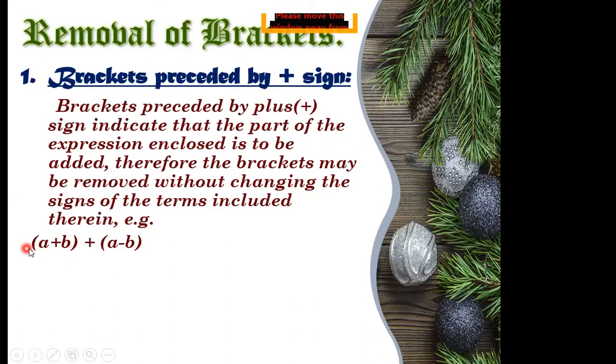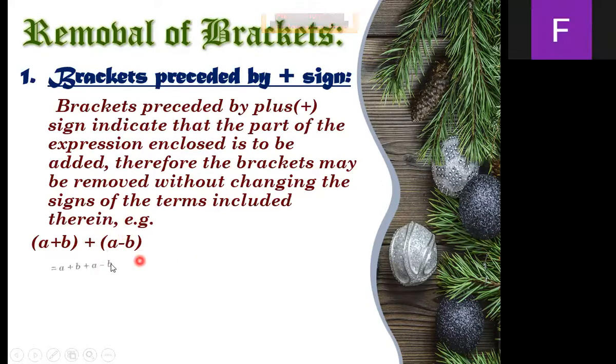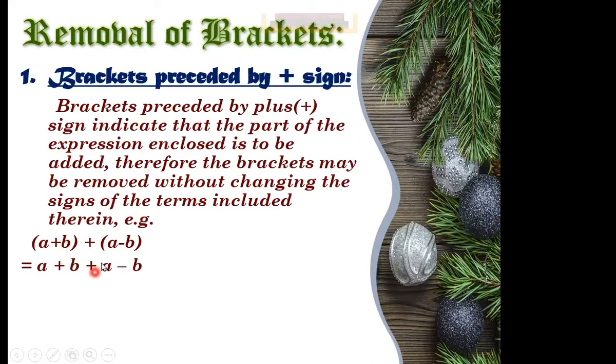If the brackets have a plus sign before them, you will remove the bracket without changing the signs of the terms inside. Simply write it down this way: A plus B, then plus A minus B. You copy down each and every term inside the bracket without changing its sign, and simply remove the bracket.